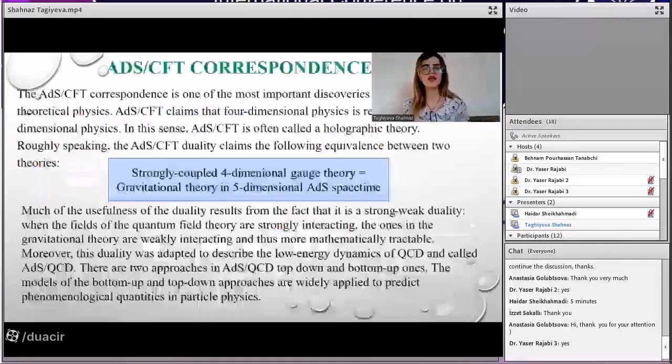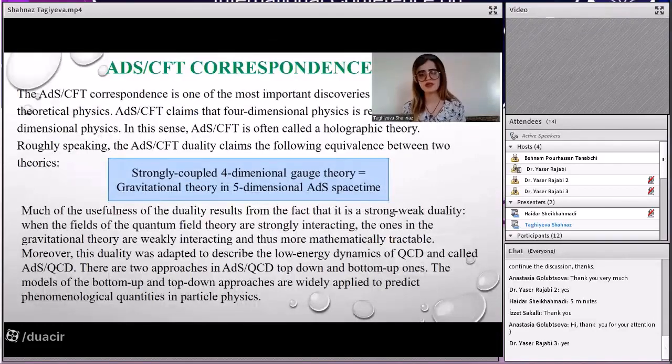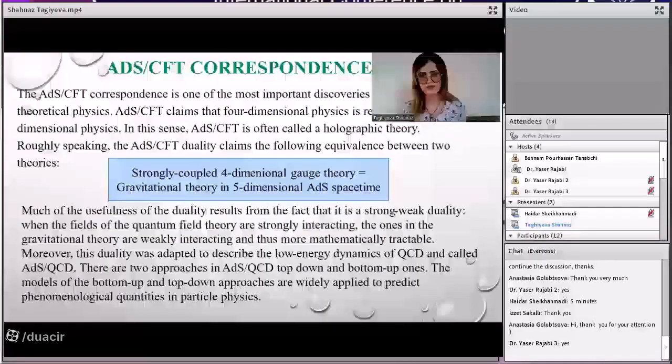The AdS/QCD model is based on the AdS/CFT correspondence. The AdS/CFT correspondence is one of the important discoveries in modern theoretical physics, and this correspondence relates 4-dimensional physics to 5-dimensional physics. From time to time this correspondence is called holographic theory.